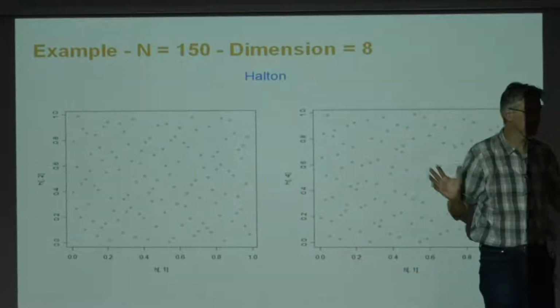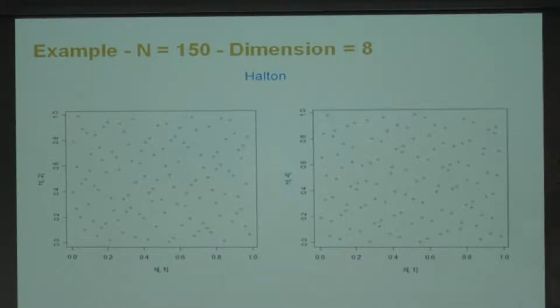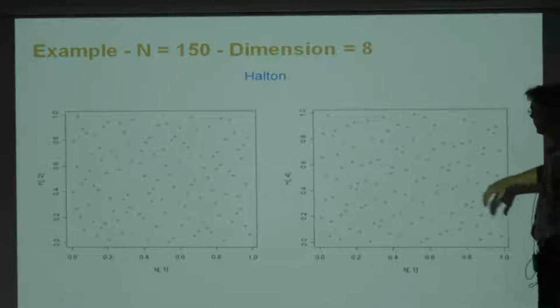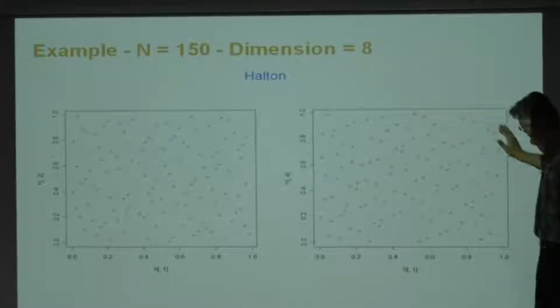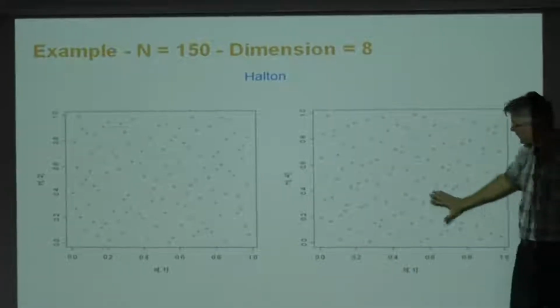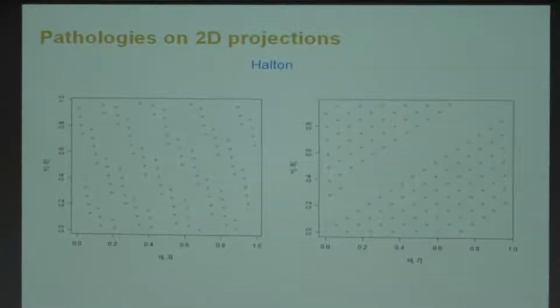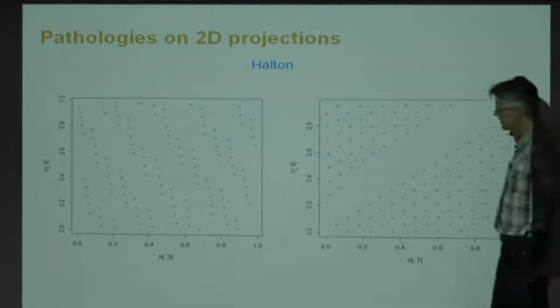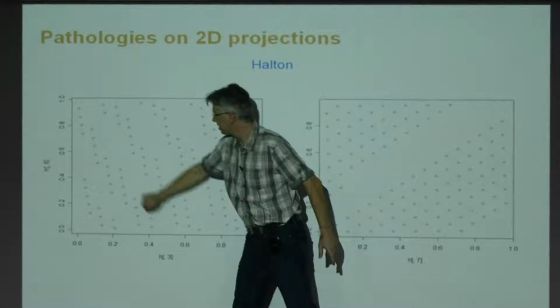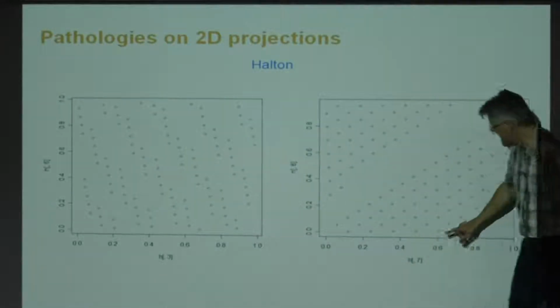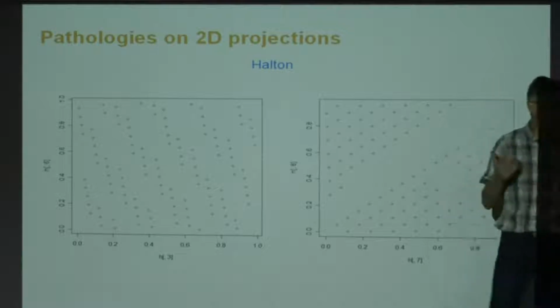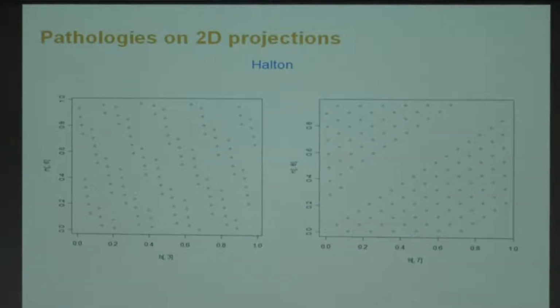So you see that, no problem. I have a regular fill. I regularly fill the space. And I project now on dimensions 3 and 6, and dimensions 7 and 8. And so you can see some kind of pathologies.